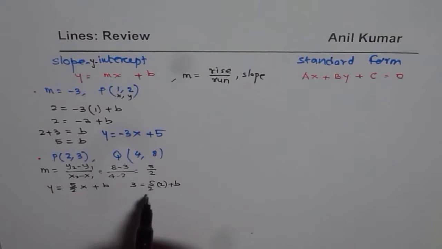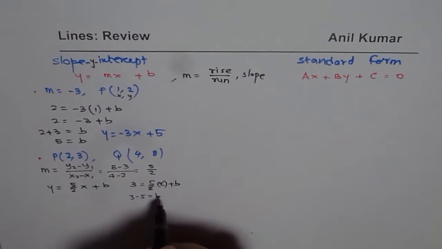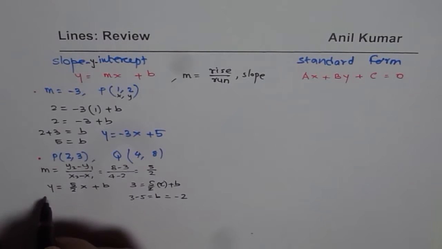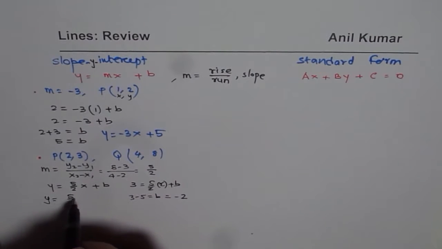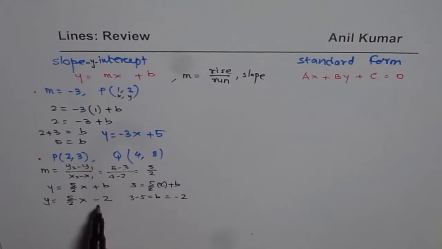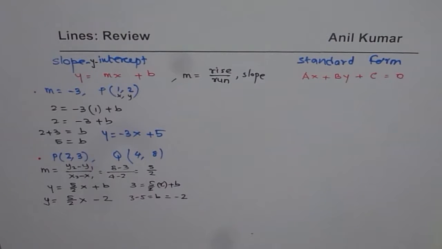When you solve this, the 2s cancel out, so 3 minus 5 equals b. 3 minus 5 is minus 2, and therefore you get the equation y equals 5 over 2 x minus 2. So that becomes the equation of the line going through these 2 points.